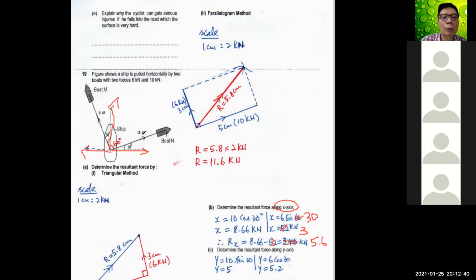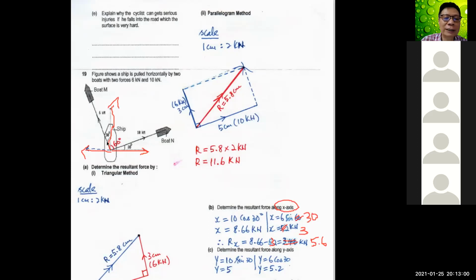Okay, so when I take this 10 kilonewton, 10 cos 30 is here. So here is 10 sine 30. Only look at this angle, sine 30. Cos 30 is here, sine 30 is here. That's why you calculate, you get 5.